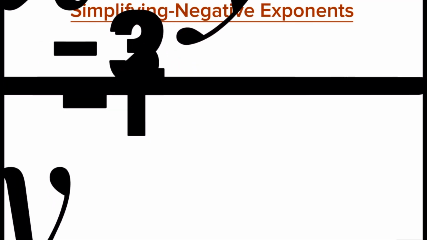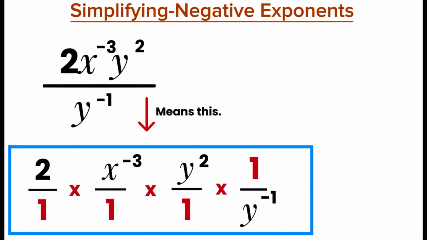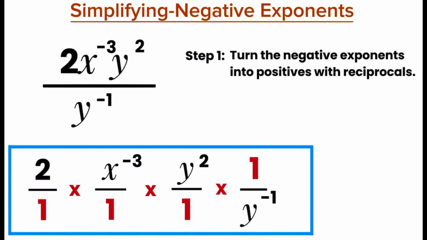All right, let's tackle this work of an expression based on what we know. Let's also add in the invisible multiplication signs and ones to get a visual of what the expression means. The first thing we want to do is turn those negative exponents into positives by flipping them. The 2 and y squared don't need to be a reciprocal because they don't have a negative exponent.